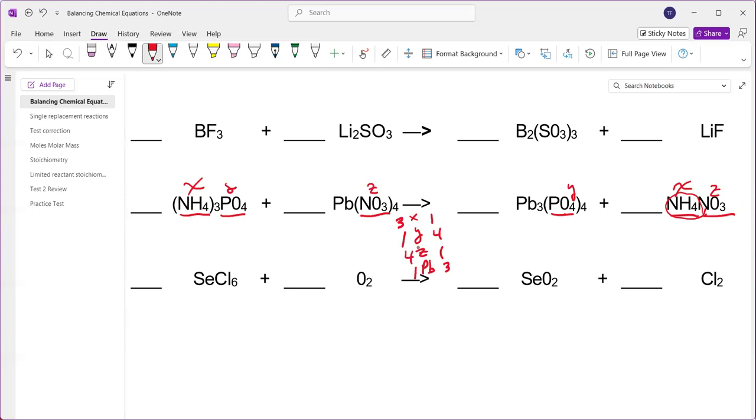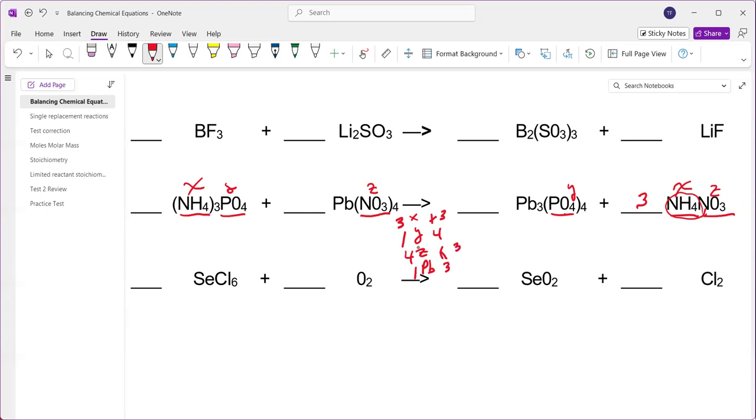Okay, so let's balance it now. Which one do you want to start on? Okay, what side? And that makes 3 Z's as well.